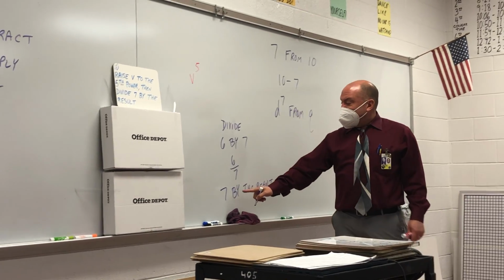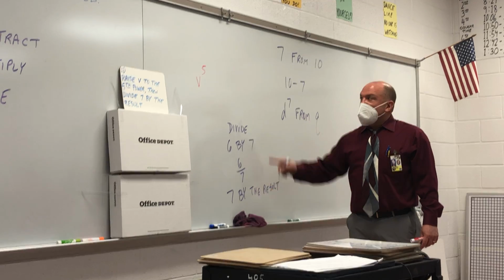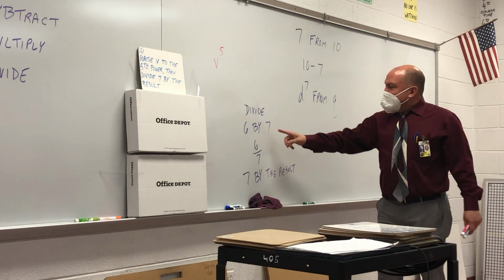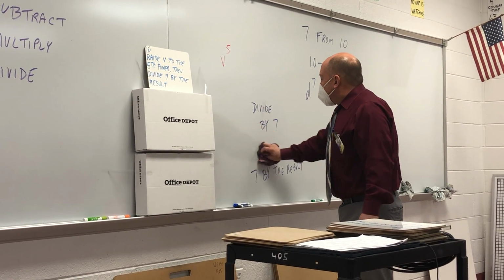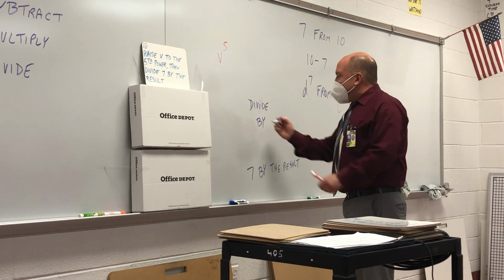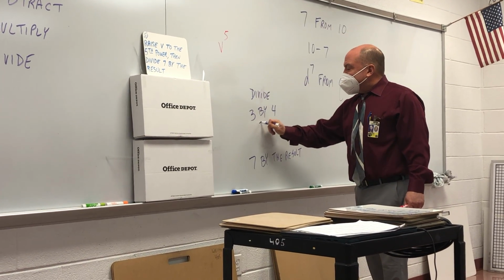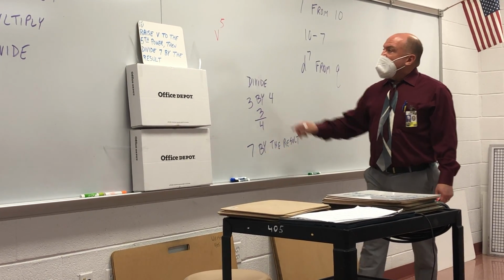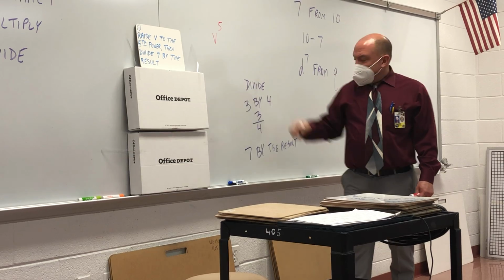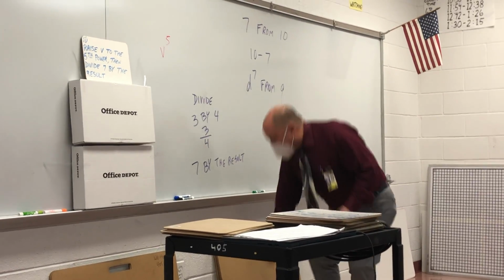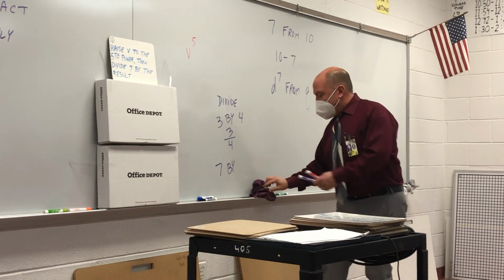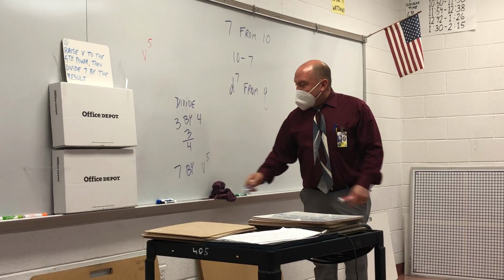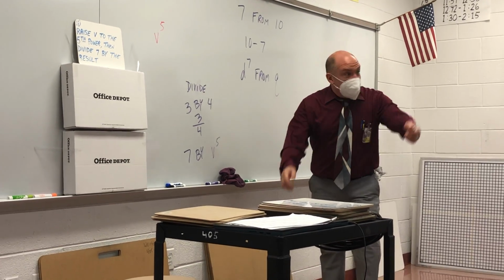How do I write it, Amir, if it's 7 by the result? Here, if I divide 3 by 4, that's 3 over 4, right? If I divide 7 by v to the 5th, what's on top and what's on the bottom? 7's on top.